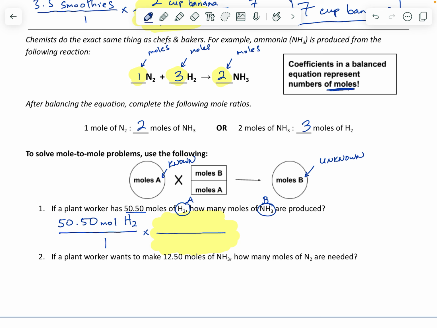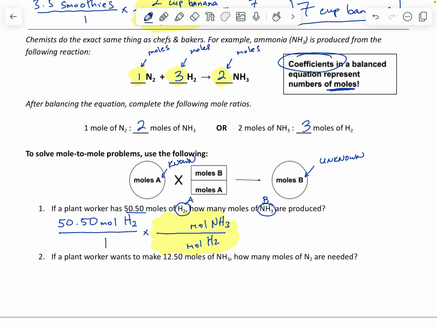So then we say, all right, moles of H2 have to be on the bottom to cancel out. I can get from moles of A to moles of B, and that's going to allow me to get to moles of NH3. And then you're like, well, what are the values? And now this is the case where moles are not always going to be equal to 1 at this step, because we have to use those coefficients. The coefficients here are the number of moles for how we get from A to B, right?